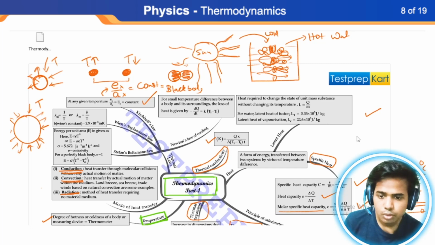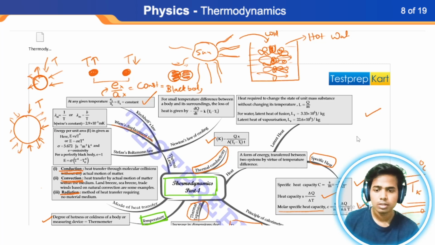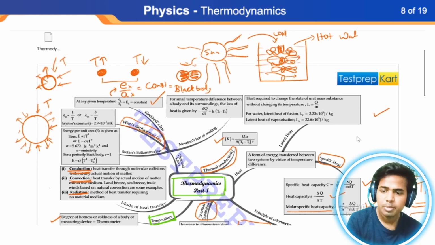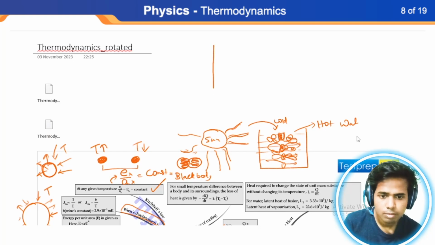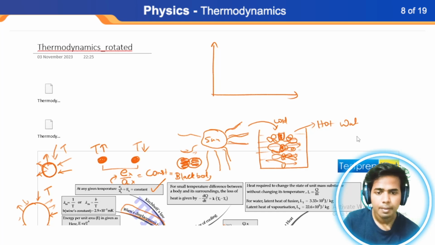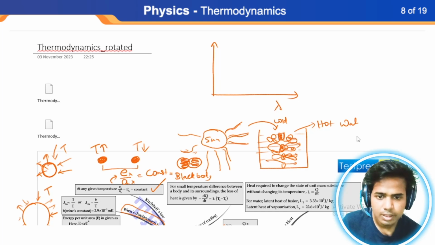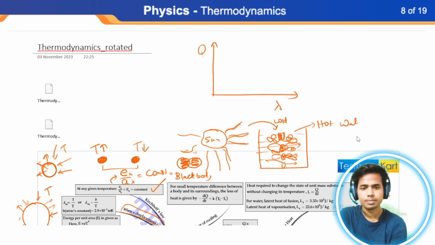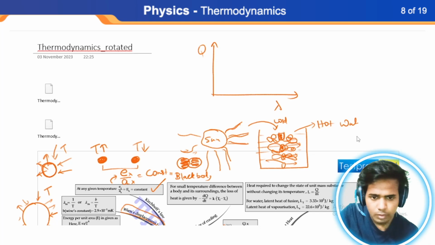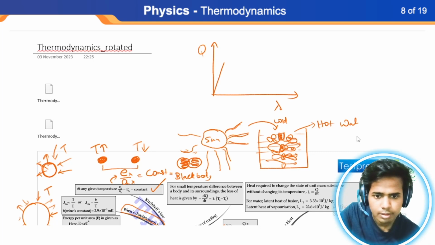Now, coming to Wien's displacement law. इसमें बेसिकली कहते हैं कि जब भी रेडिएशन होगा, तो रेडिएशन के लिए लैम्डा वर्सेस the heat which is released. The graph looks something like this.